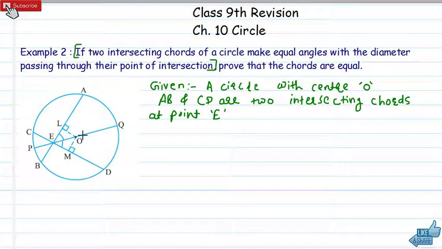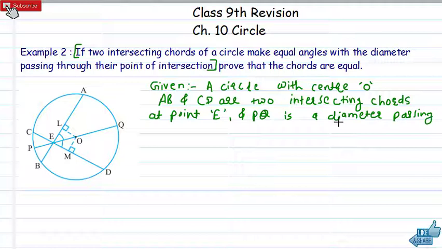PQ is the diameter passing through point E.